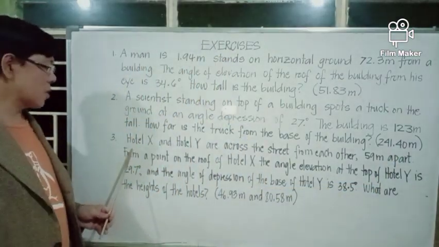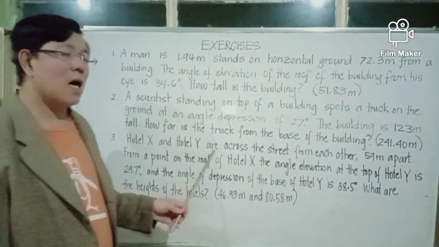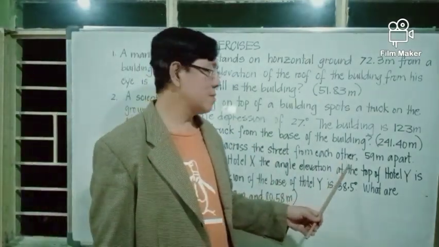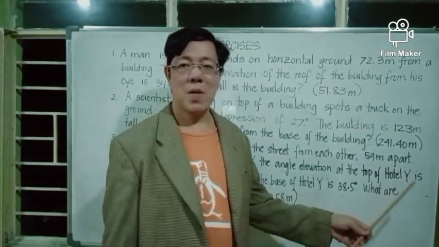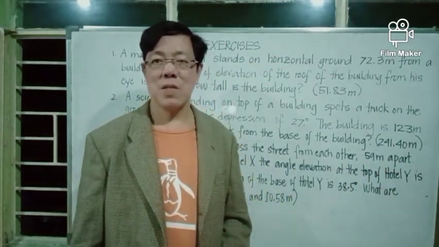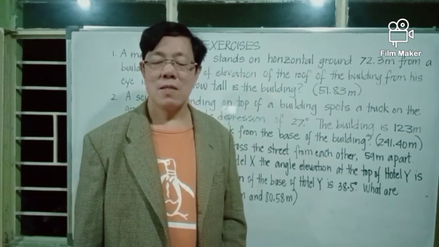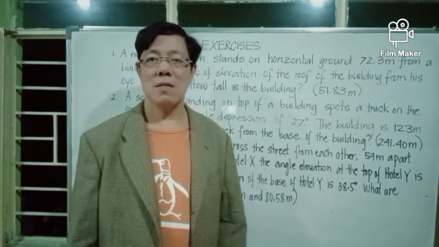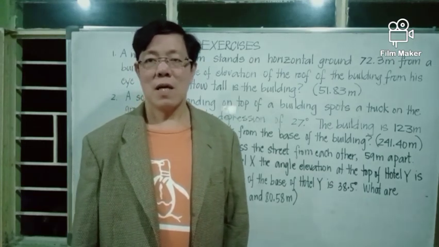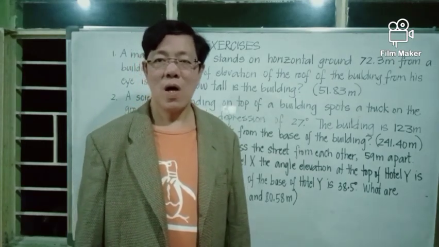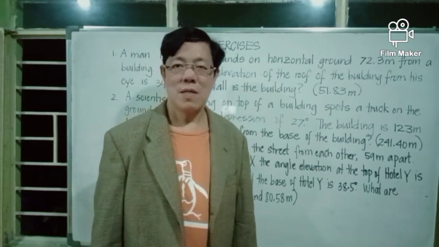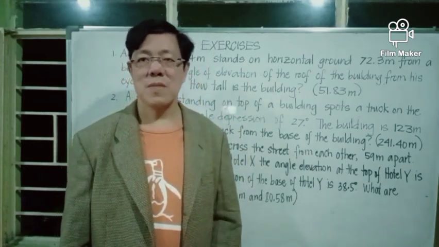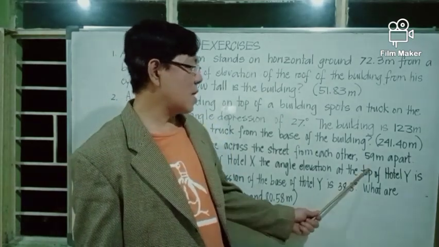Problem number 3, Hotel X and Hotel Y are across the street from each other, 59 meters apart. The two buildings are 59 meters apart, and Hotel X is across Hotel Y on that street, and Hotel Y is across Hotel X. They are across the street from each other and they are 59 meters apart.